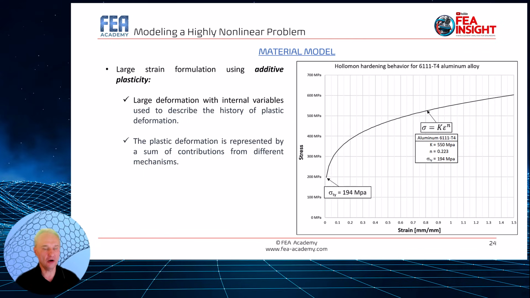Also, on the definition of the material model, something very important is the fact that we use a large strain formulation using additive plasticity. And it is very important in the case of a metal forming simulation, because large strain formulation using additive plasticity is a method used to model the behavior of materials under large deformation.